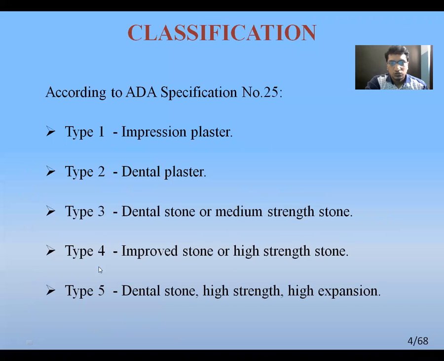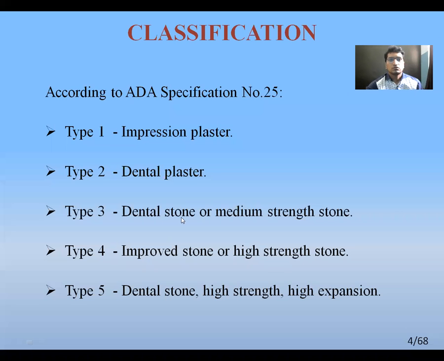This is the most commonly asked question whenever your exam comes. Classify gypsum materials; difference between alpha and beta hemihydrate. This classification everyone should know.